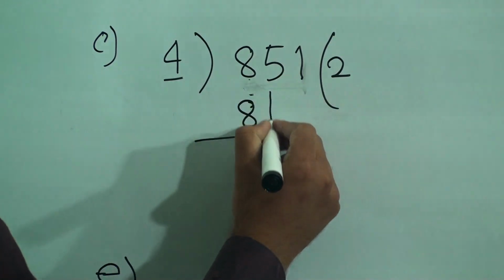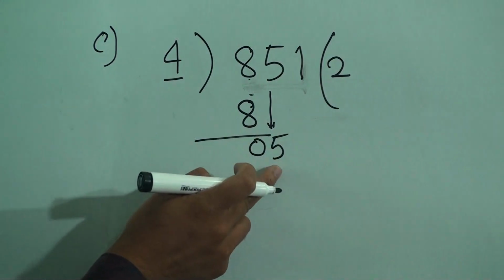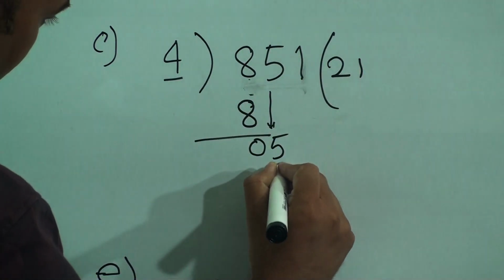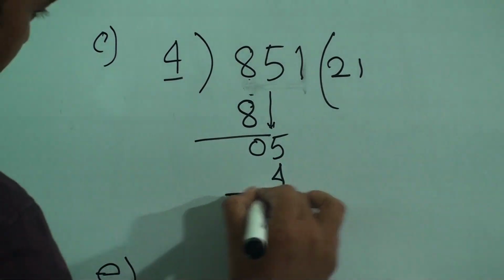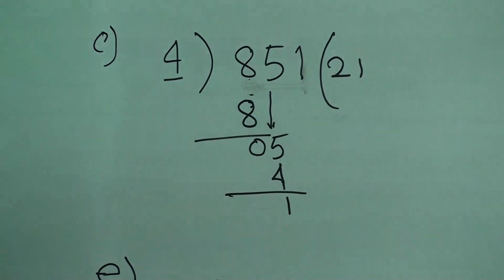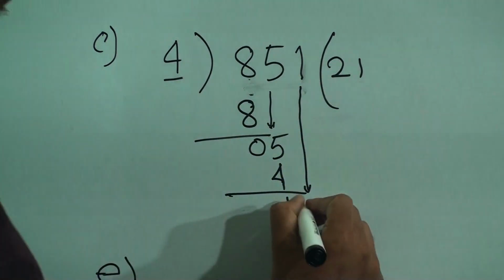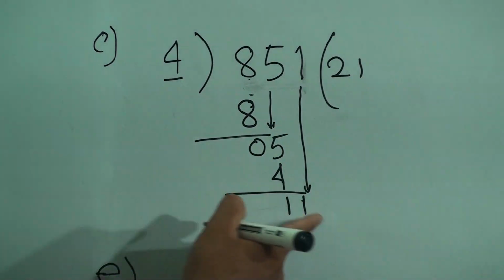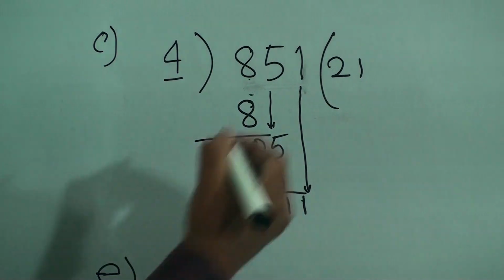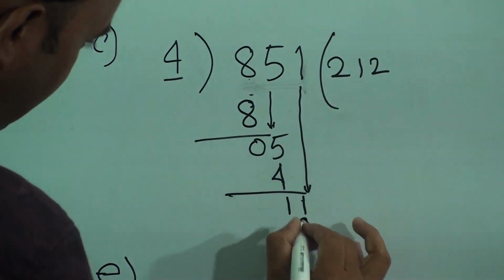Then bring down 5 here. How many times does 4 go into 5? We know that 4 ones are 4. Now subtract 4 from 5. What will it be here? 4 from 5, it will be 1. Again there is another digit, bring it here, it will be 1 and 1, it means 11. Now how many times does 4 go into 11? We know that 4 twos are 8.